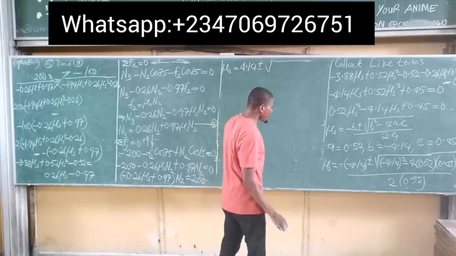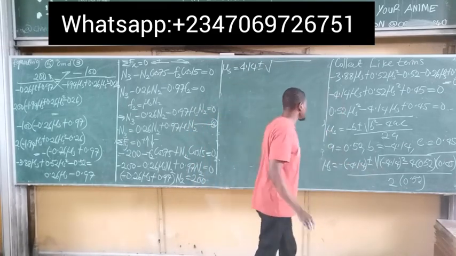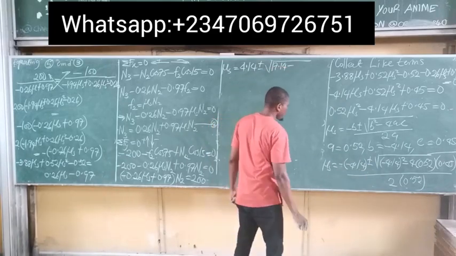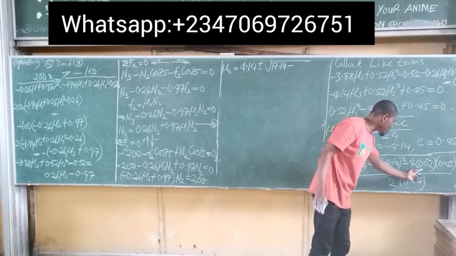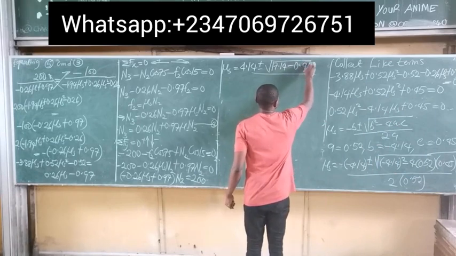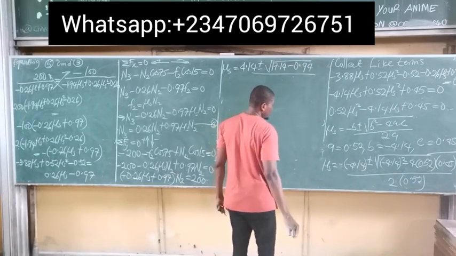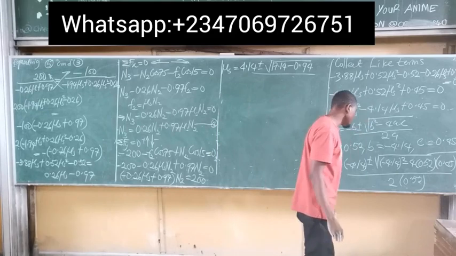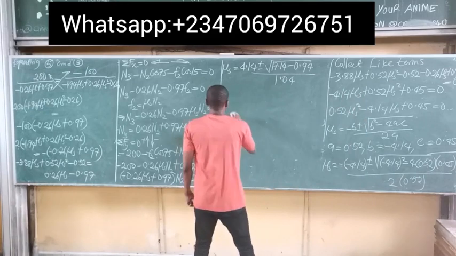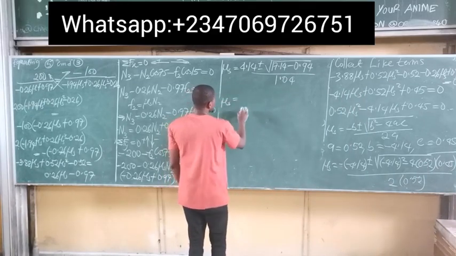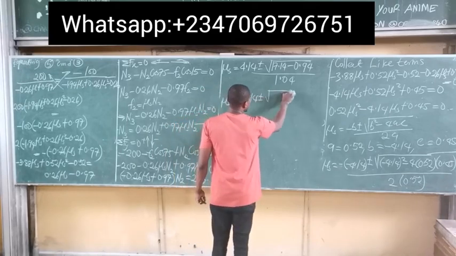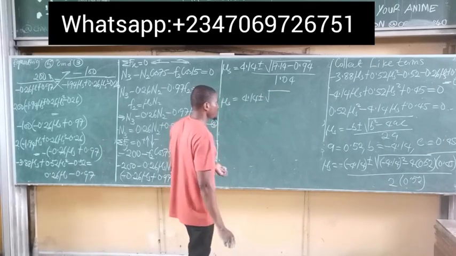Please give me 4.14 squared, 17.14, minus 4ac, which is 4 times 0.52 times 0.45, all over 2 times 0.52, which was 1.04. So mu x is equal to 4.14 plus or minus the square root of 17.14 minus 0.94.